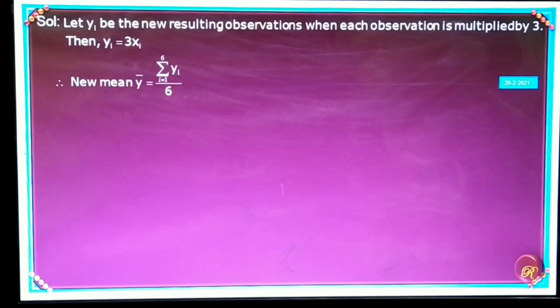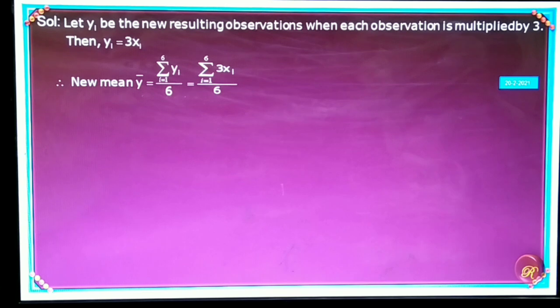New mean y bar is equal to summation of yi divided by 6. When you take yi is equal to 3xi, then y bar is equal to summation of 3xi, i is equal to 1 to 6, divided by 6.